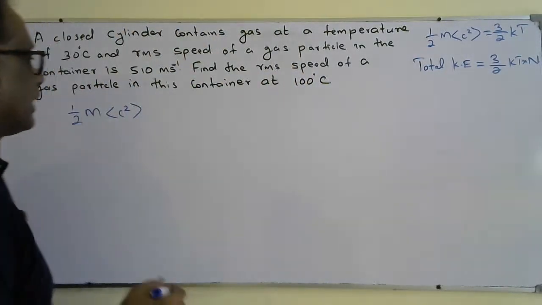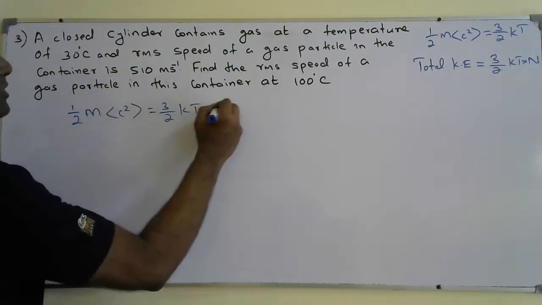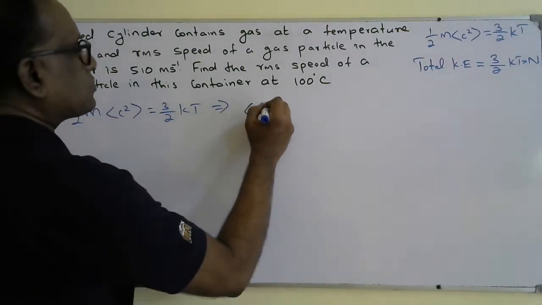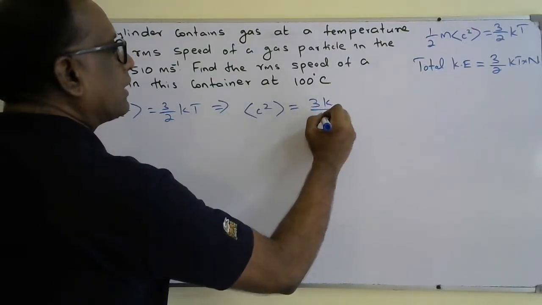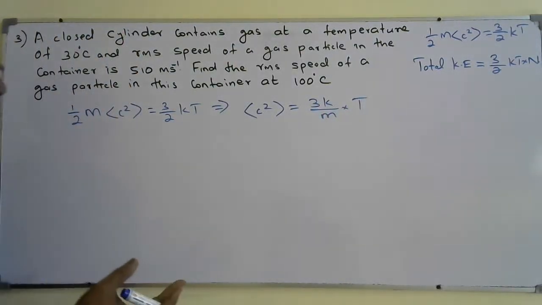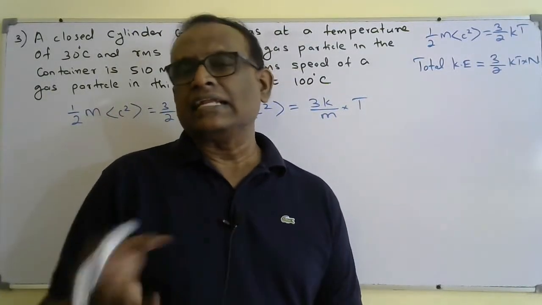Half m c squared equal to 3 by 2 kT. So when the 2 gets cancelled, we'll get c squared equal to 3k over m times T. Okay, we can answer by taking the square root, but I feel some students have difficulty in handling square root.